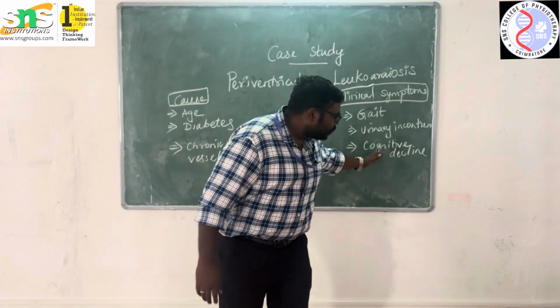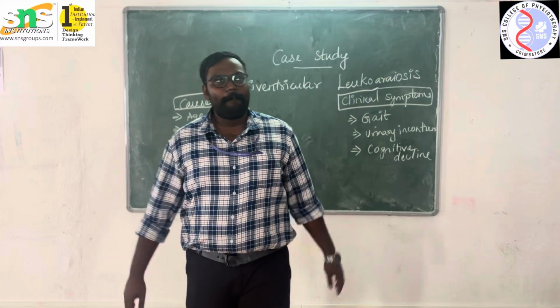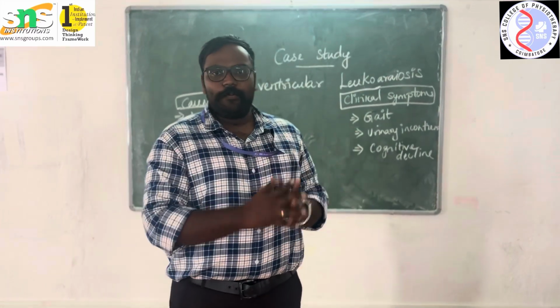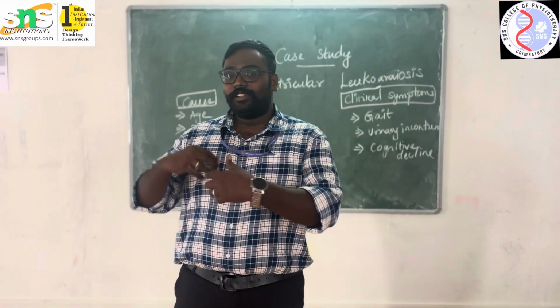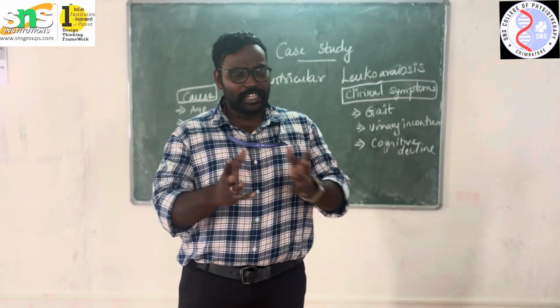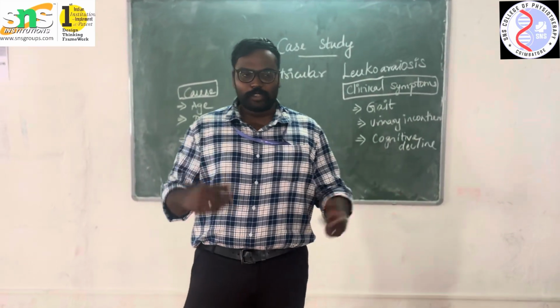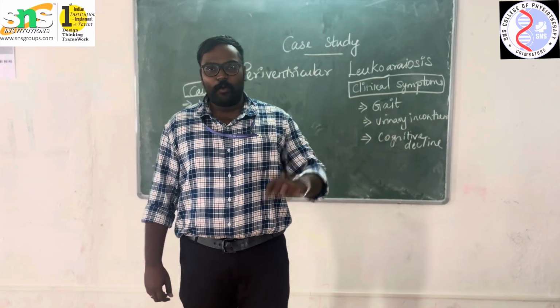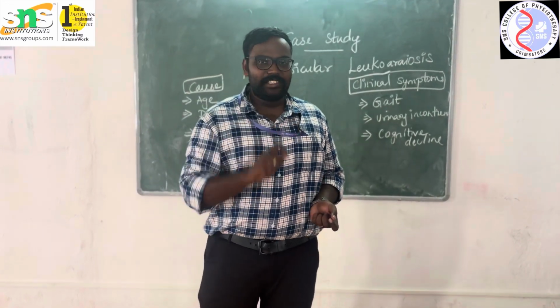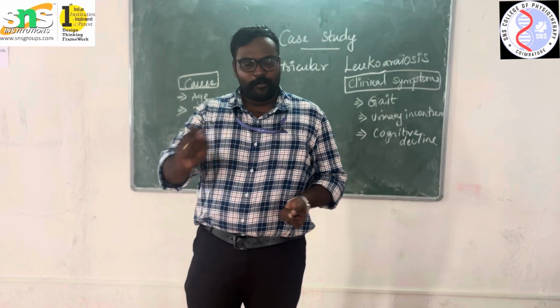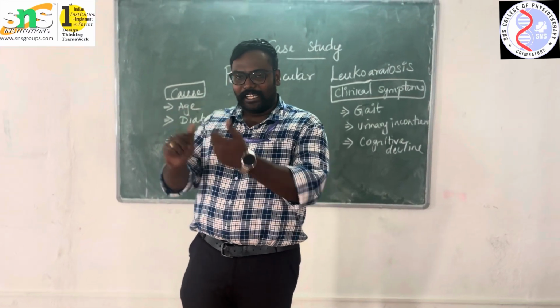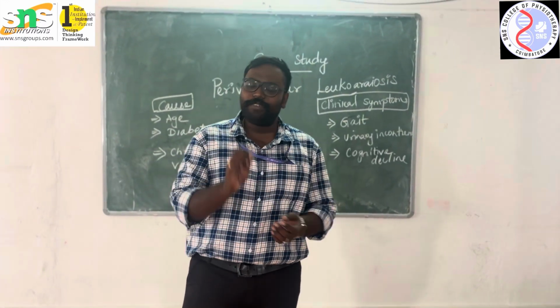But cognitive decline, what is cognitive decline? Like memory, and doing certain motor skills. Motor skills are divided into two, fine motor and gross motor. Fine motor is handling a pencil or pen for writing, putting on buttons.